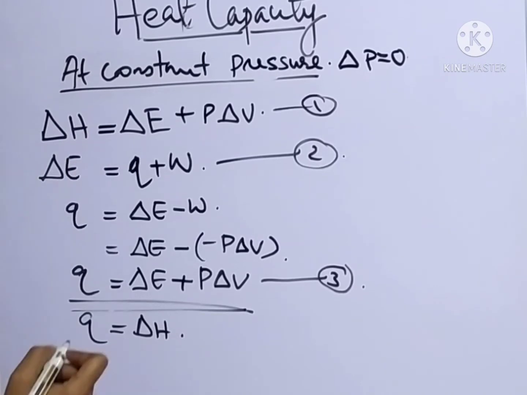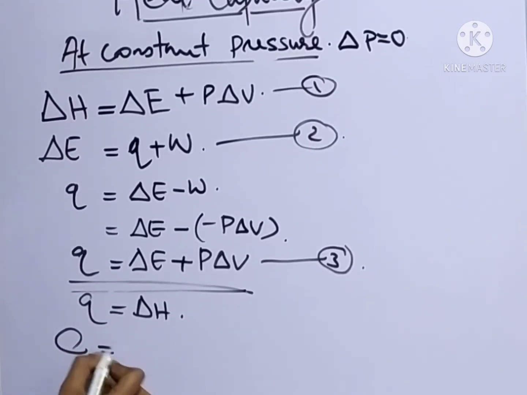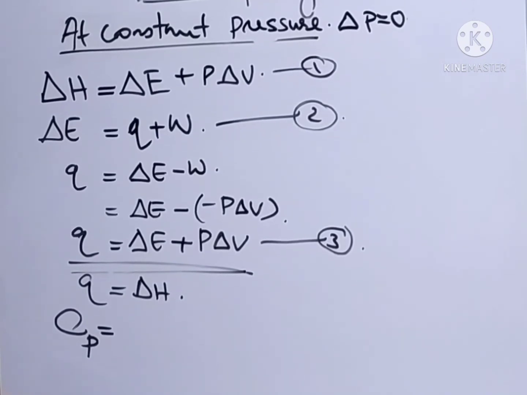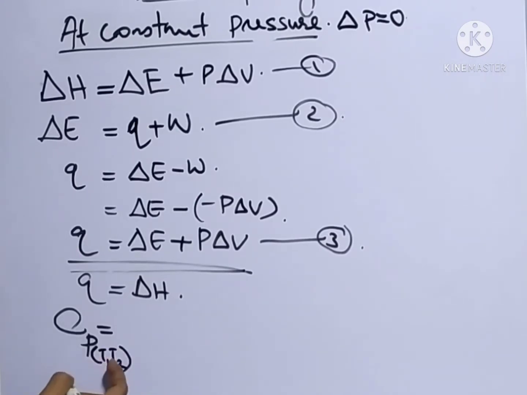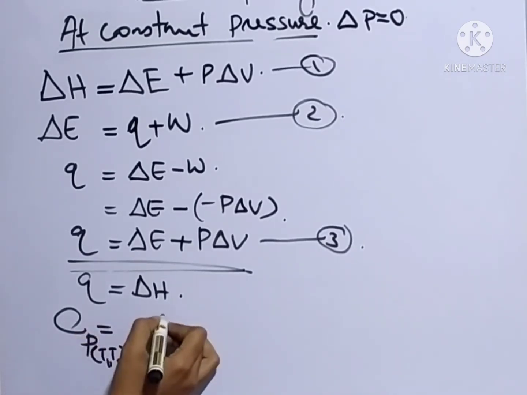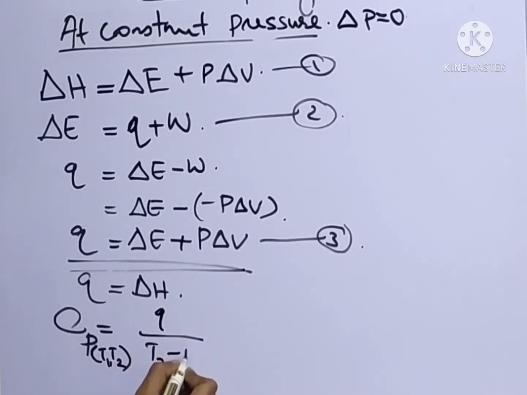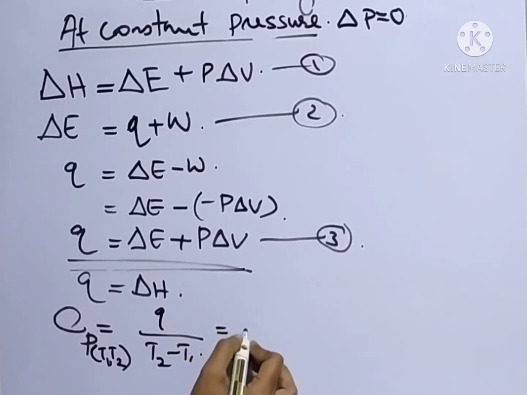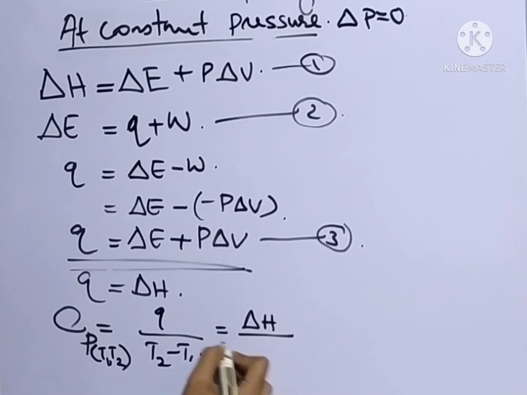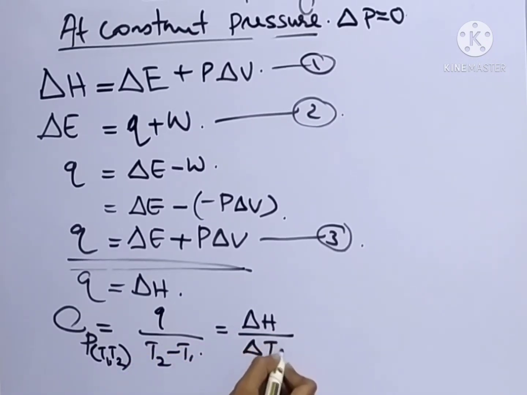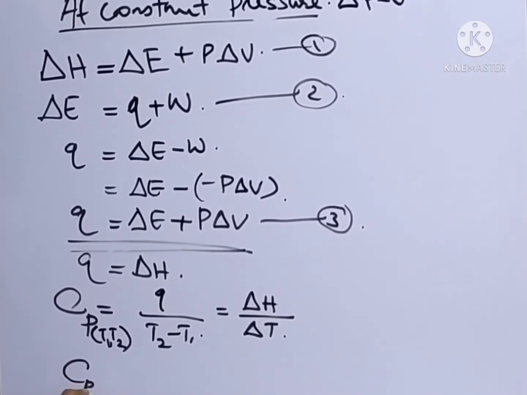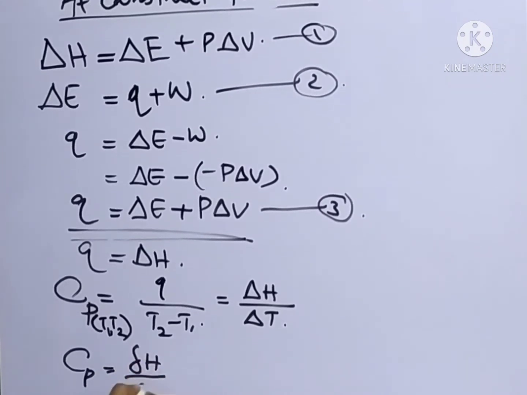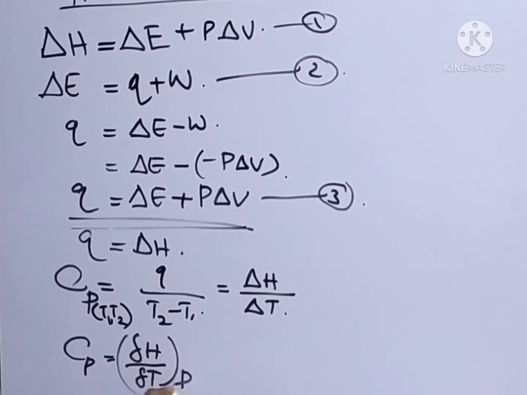That means we can write the heat capacity at constant pressure as Cp(T1,T2). If we consider the temperature change as T1 and T2, then Cp equals Q divided by T2 minus T1, which equals delta H divided by delta T. If we consider a very small change, then Cp equals dou H divided by dou T at constant pressure.